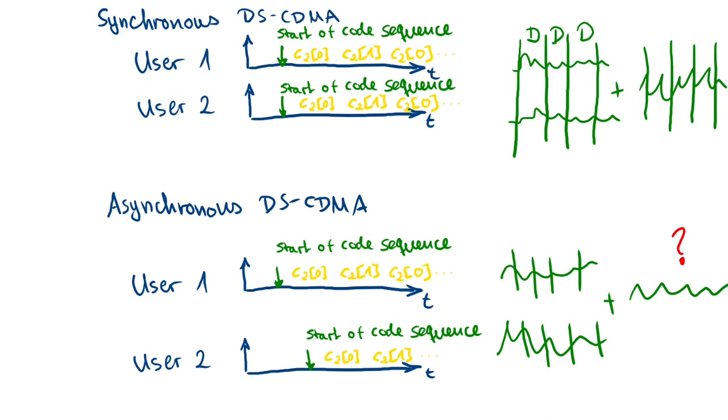These two cases have consequences on the selection of codes, because you have to select different codes with different properties for the asynchronous case than for the synchronous case.